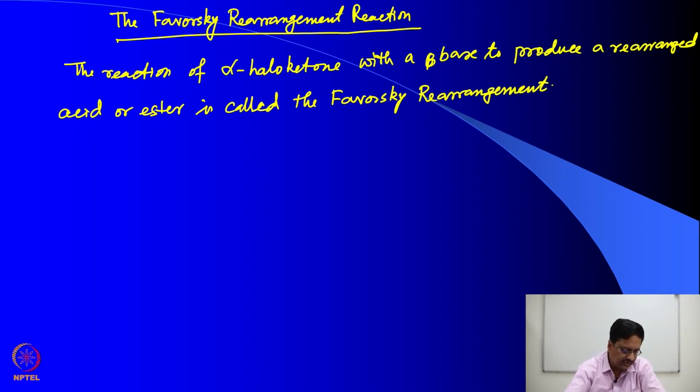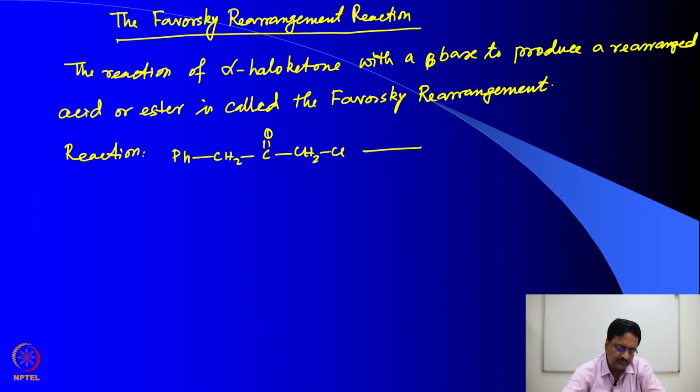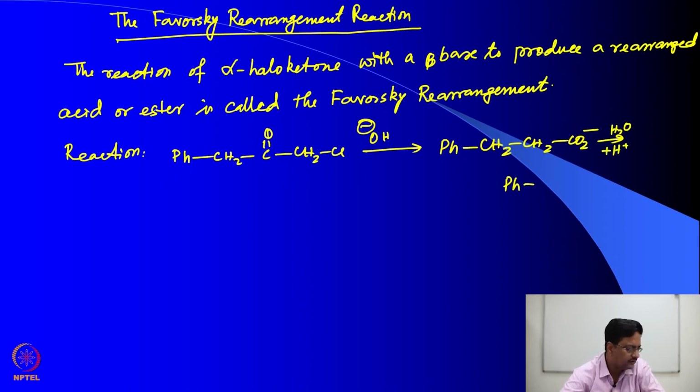So, the simple reaction is this one. You start with PhCH2COCH2Cl. In the presence of a base, you get a product like this, CO2 minus. On hydrolysis or on adding H plus, you get the corresponding acid as your product.